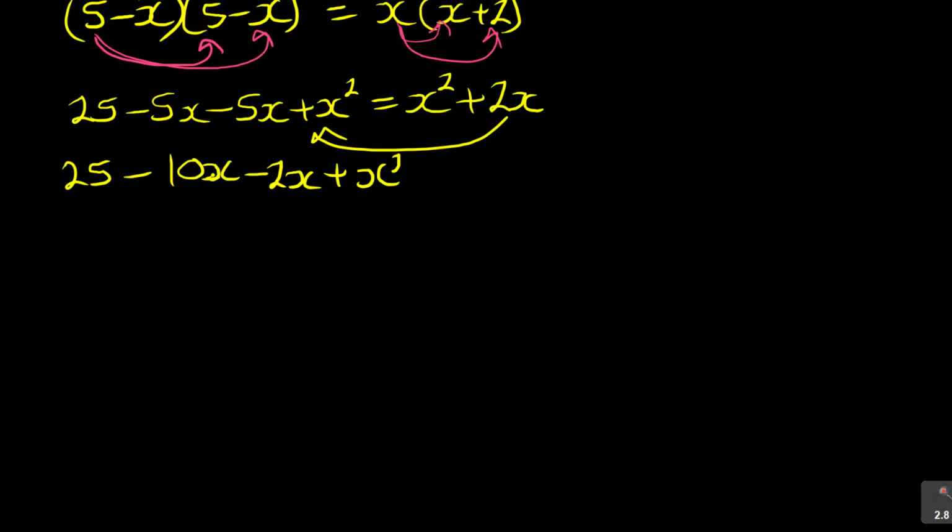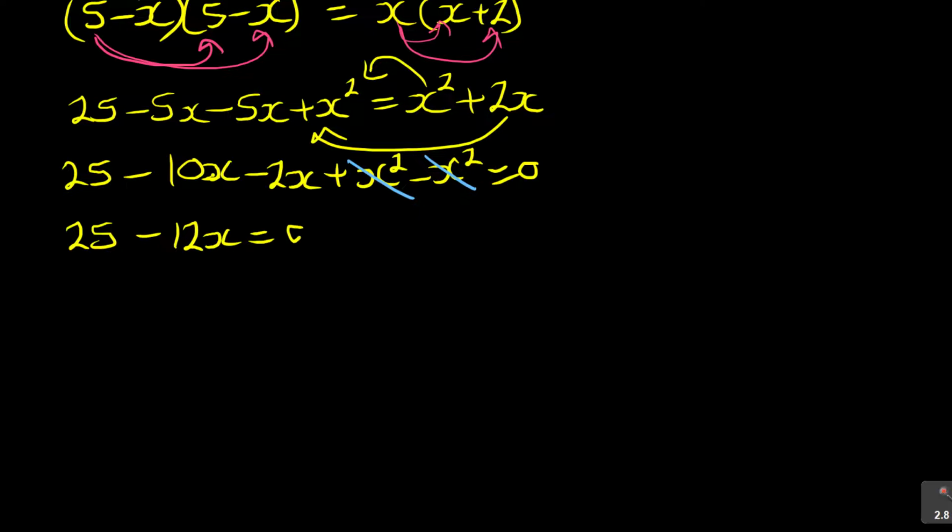Bring that one there, minus x squared. And then it becomes 0. Then look at this. x squared minus x squared. You see that? Maybe I didn't need to bring everything there, but it's fine. So you've got 25 minus 10 minus 2 is negative 12x is equal to 0.